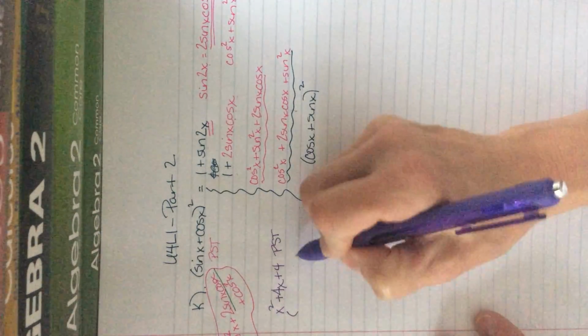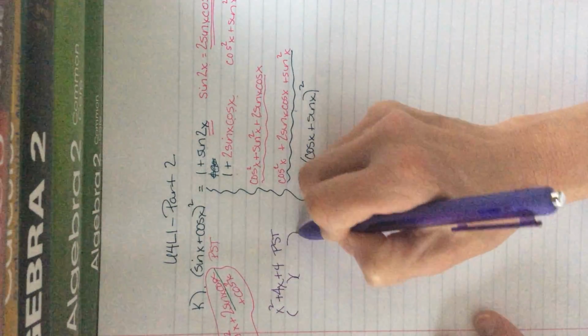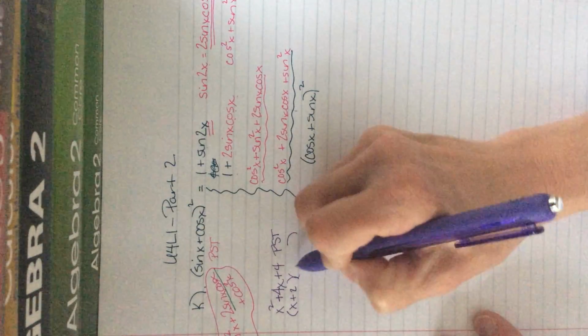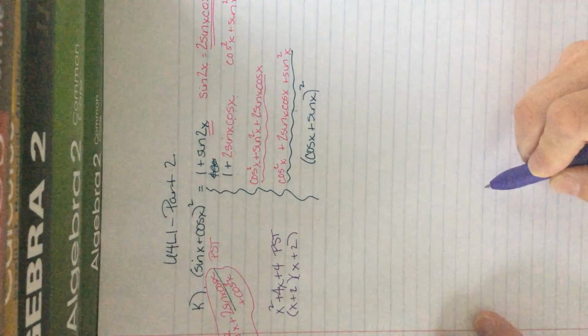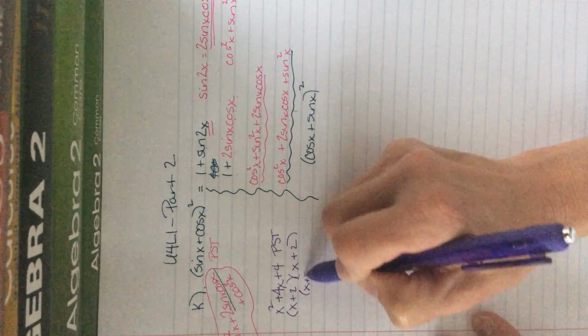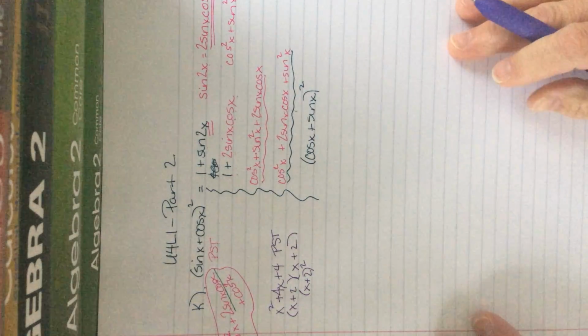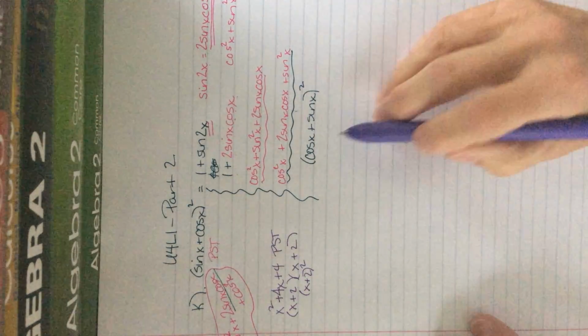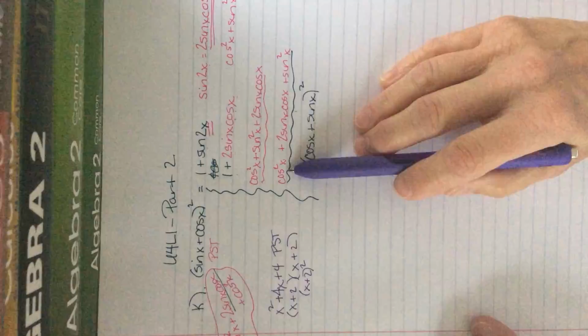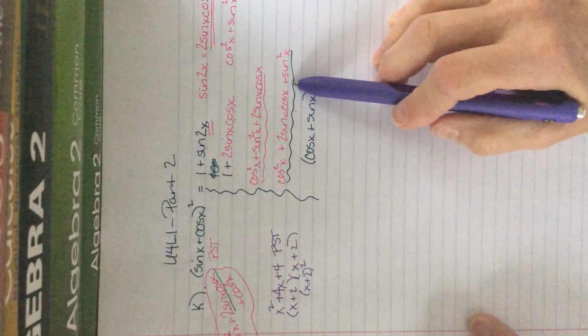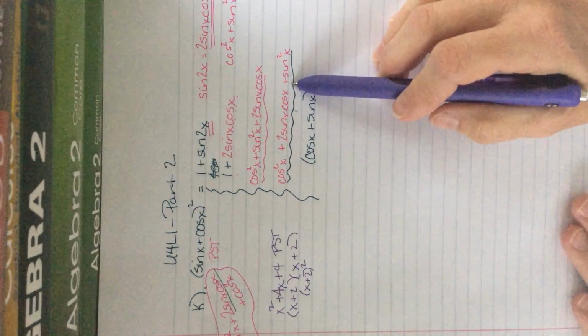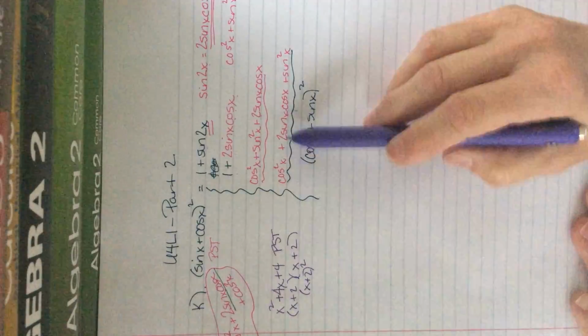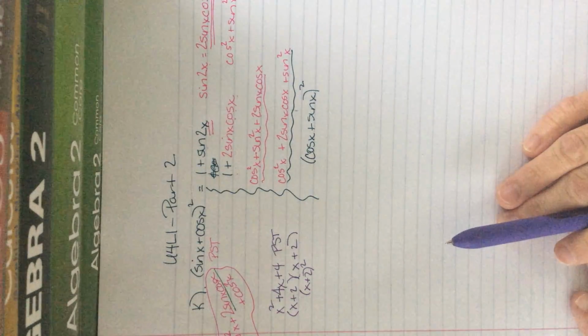This will factor into 2 identical factors, x plus 2 times x plus 2, which can be written as x plus 2 squared.